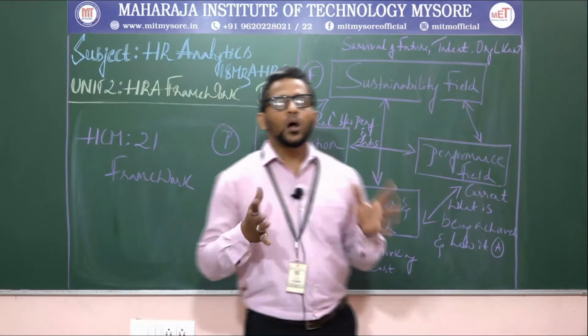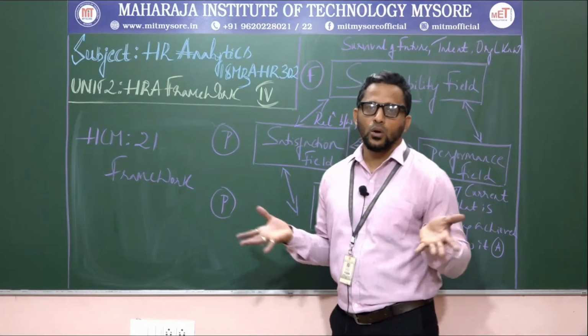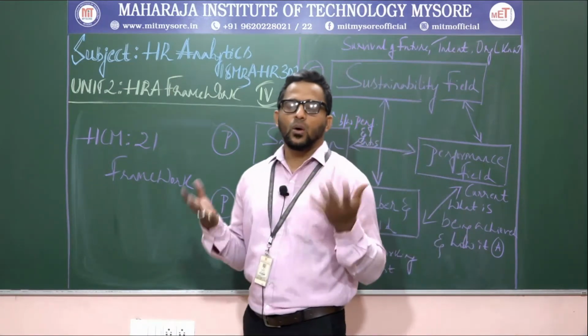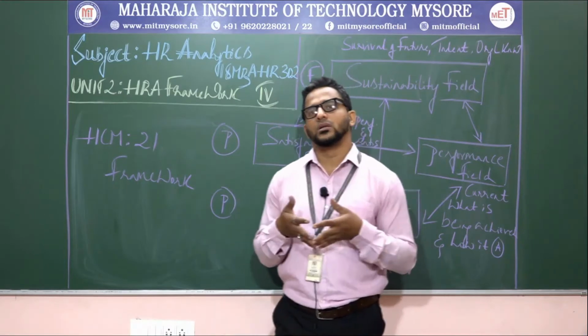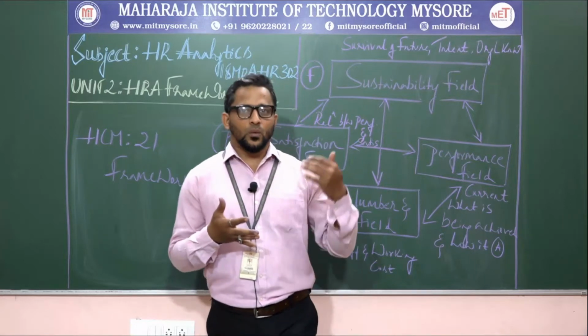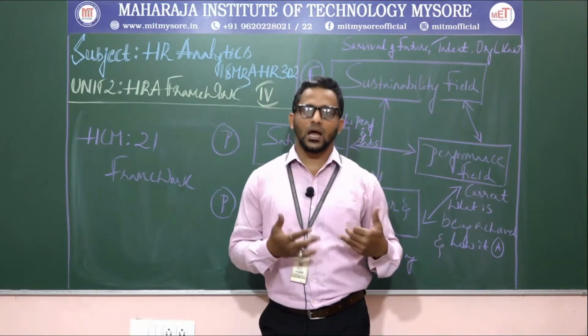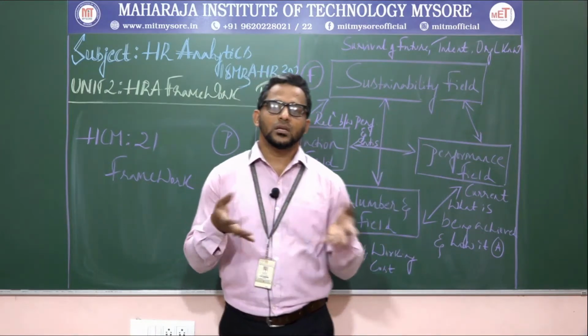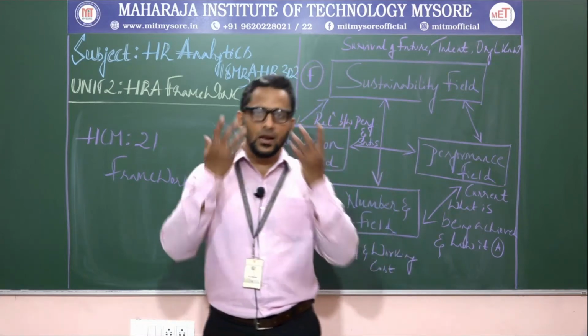Okay, so what we are trying to understand is, when I speak about analytics, it's all about the 3 levels of analytics: describing, predicting and prescribing. These are the 3 types or levels of analytics that we do.